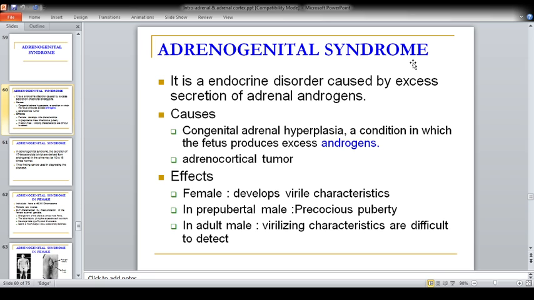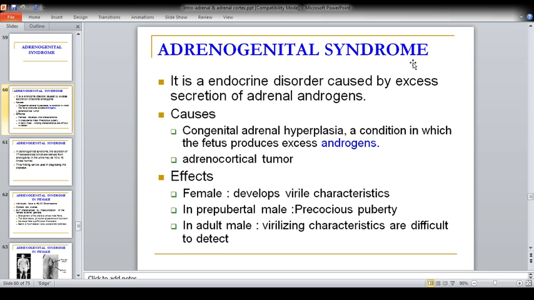And if it is present in prepubertal males, that is males which have not yet reached the age of puberty, so they are 10, 11, 12, 13 years old, before puberty, that is 14, 15 years, it would cause precocious puberty. That is, it would start developing features of an adult male.